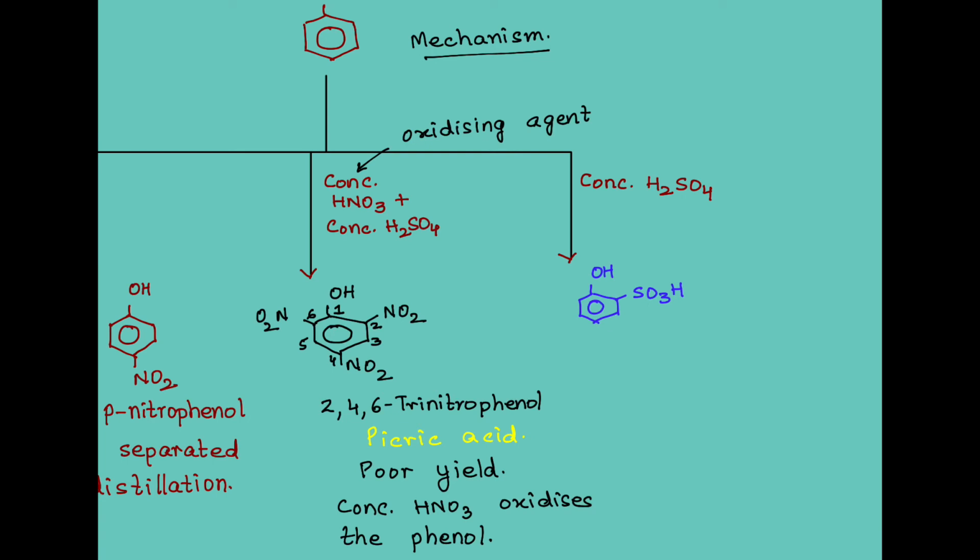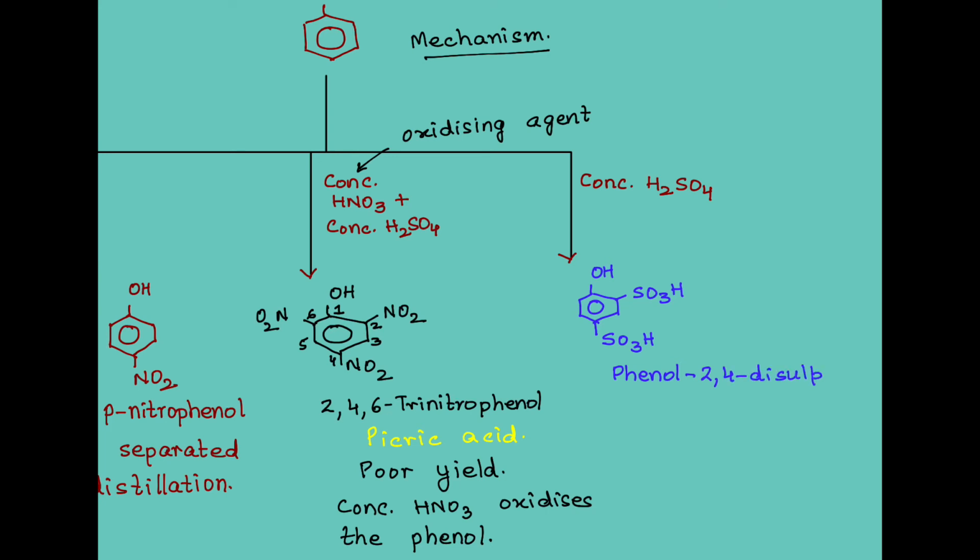But because the ring has gotten activated already, what we find is if we take a high concentration of the concentrated H2SO4 and continue the reaction longer, we get phenol 2,4-disulfonic acid.